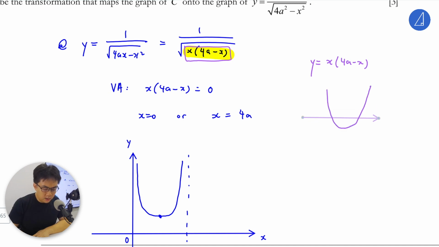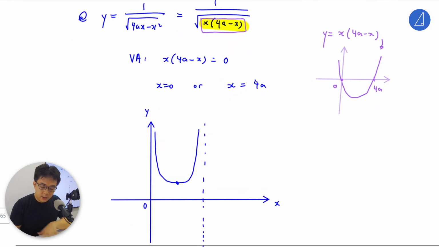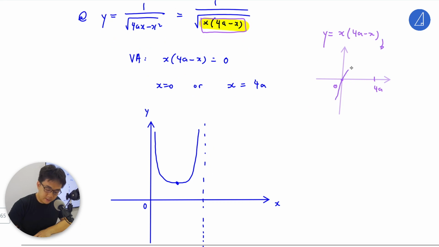You understand what I'm saying? So this graph is like that. I'm trying to get at why the shape is like that. So this is 4a here. Then, sorry, the other side is a sad face quadratic, okay? Because it's negative.